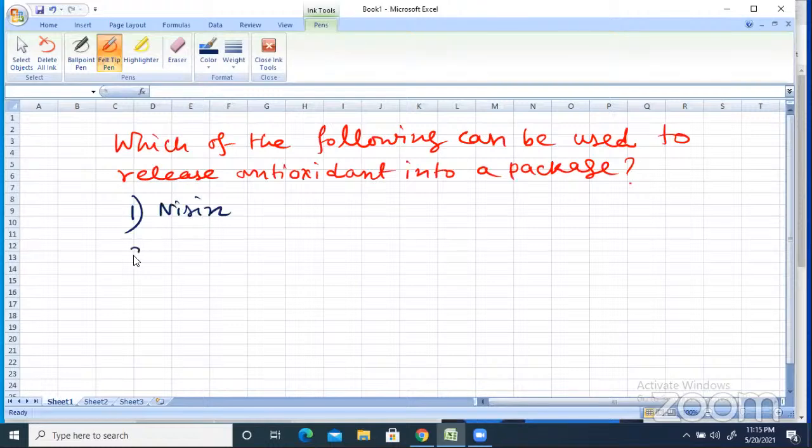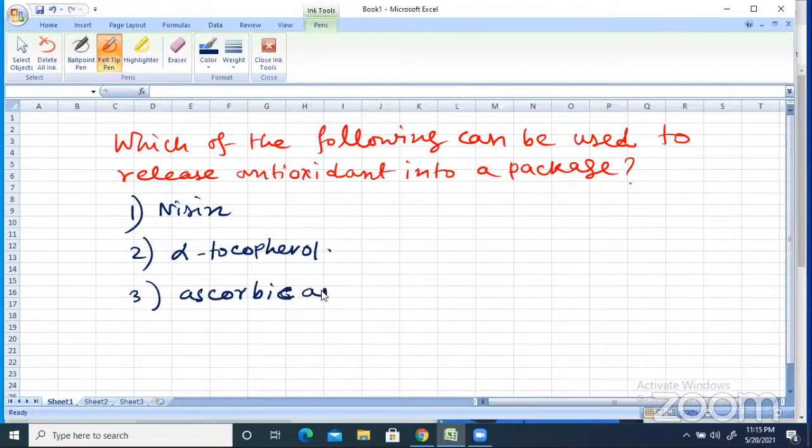Niacin, alpha tocopherol, ascorbic acid, calcium hydroxide. Niacin. Ascorbic acid. Alpha tocopherol.